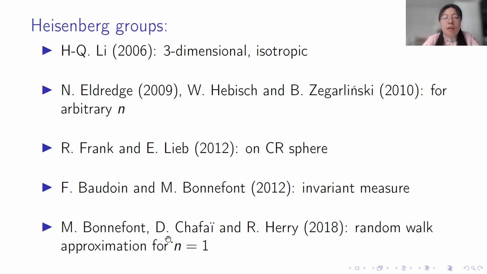The last one, by Bonnefont, Chafaï and Herry in 2018, used a probabilistic approach using a random walk approximation to prove the log-Sobolev inequality. They do get a nice constant. However, their choice of measure is not the heat kernel measure, but another law of some diffusion processes.